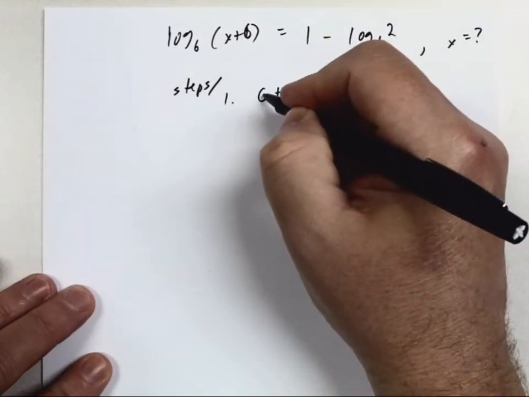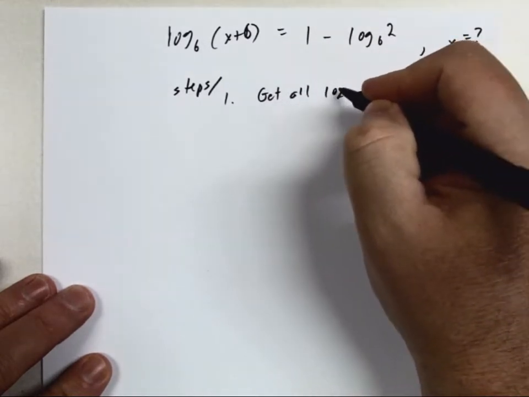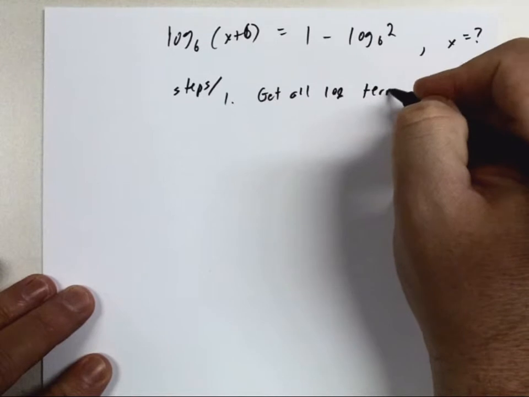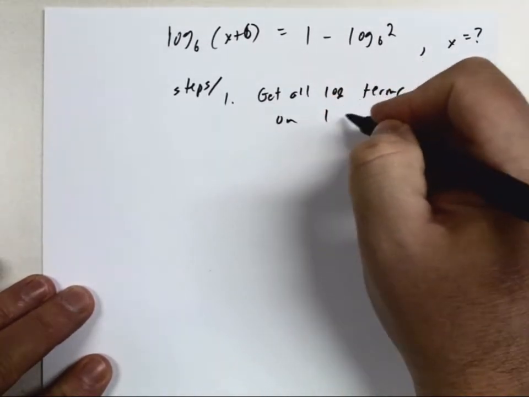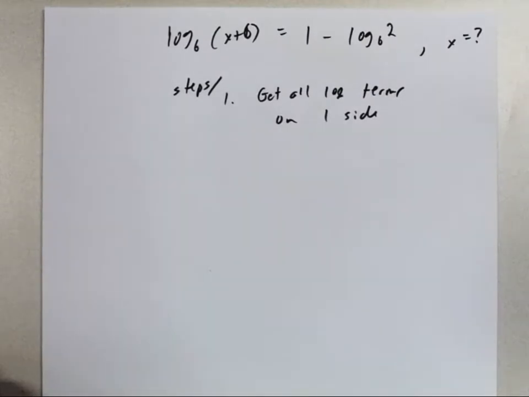First thing I do is get all the log terms on one side, and if there are any numbers, obviously get them on the other side. So get all the log terms by themselves on one side.